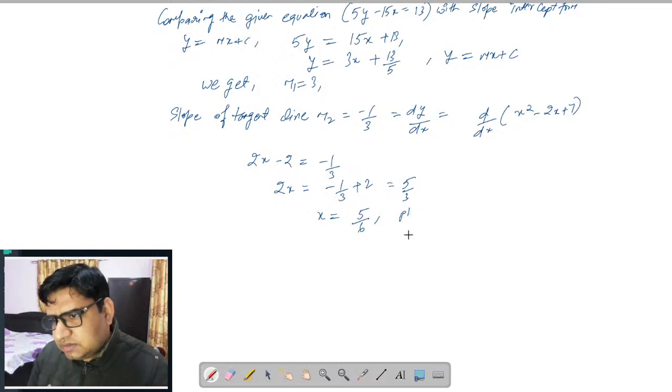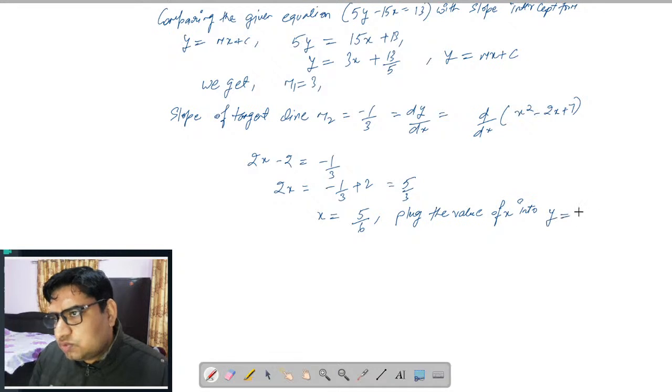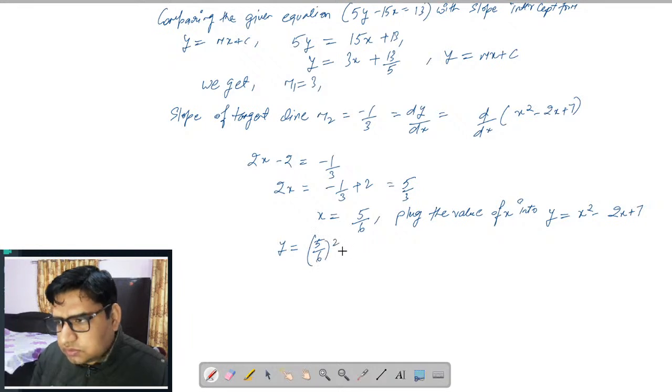Okay, and we'll simply plug the value of x into y is equal to x square minus 2x plus 7. So y will be equal to 5/6 square minus 2 into 5/6 plus 7. So how much will it be? 25/36 minus 5/3 plus 7.